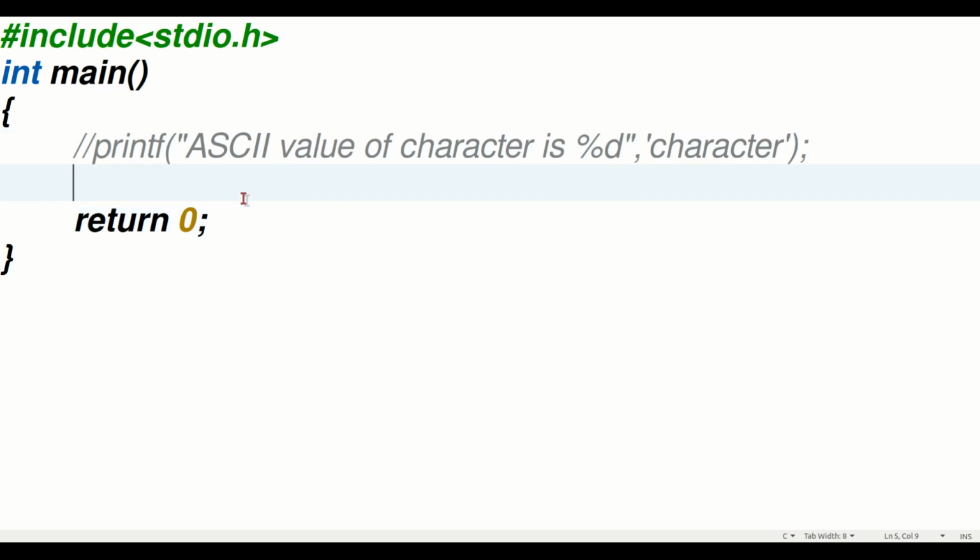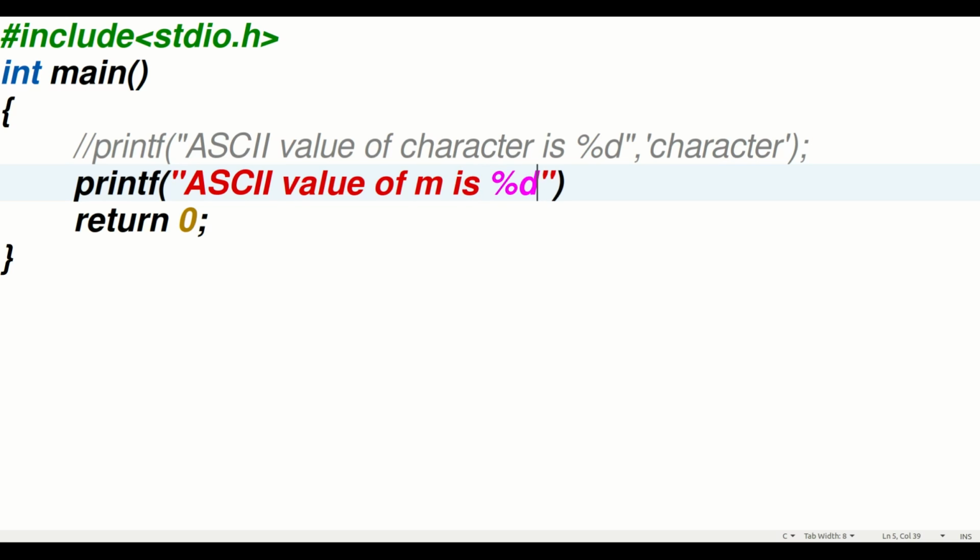Now it will not be displayed on the output screen. Now let's follow this syntax and try to display an ASCII value associated with single character constant m. Now you must be wondering what this %d is.